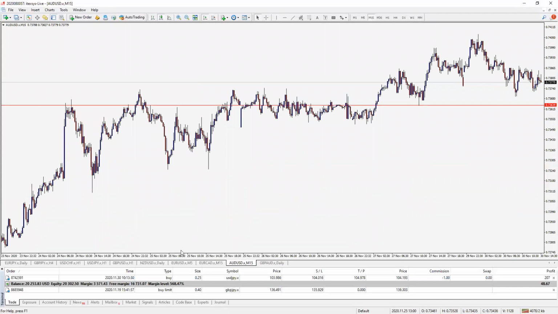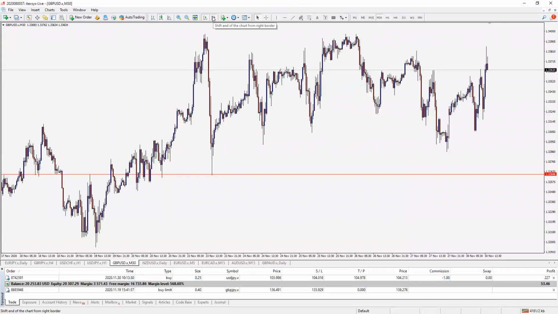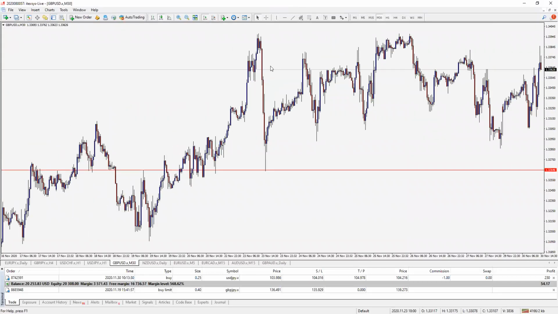I will tell you if I find something more clear, a Quasimodo more clear than this one. Okay, for example, I'll take another 1 minute to explain this. At least if we don't find any good opportunity, let's get some benefit from this trading room. So as you can see, this one is a good one because the price came after an uptrend.